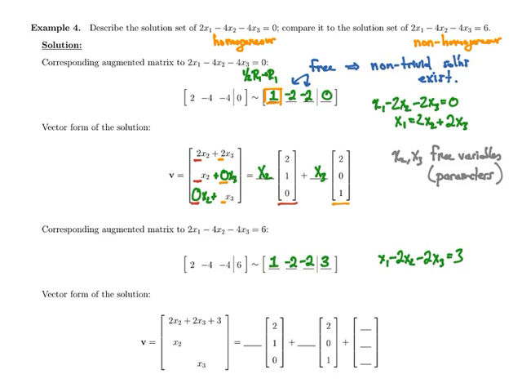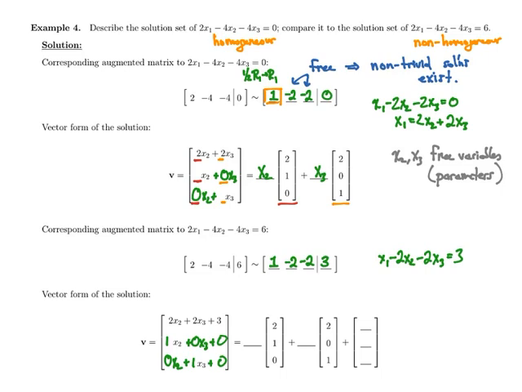x2 is free. We can write that as 1x2 plus 0x3 plus 0. And x3 can be written as 0x2 plus 1x3 plus 0.